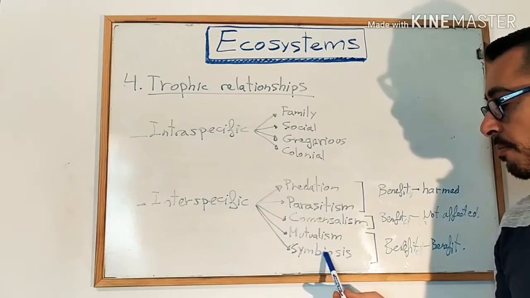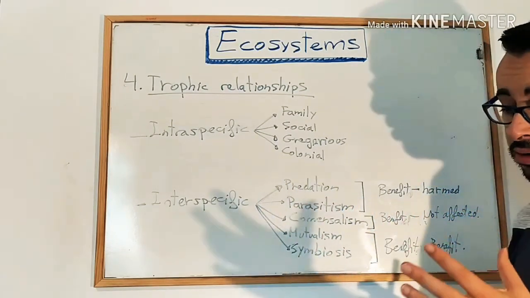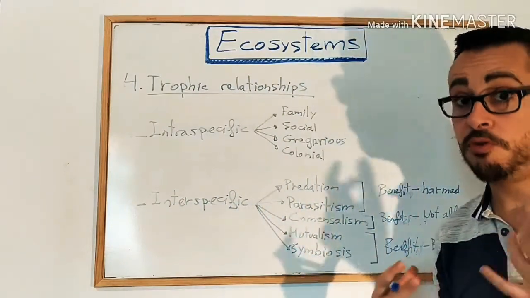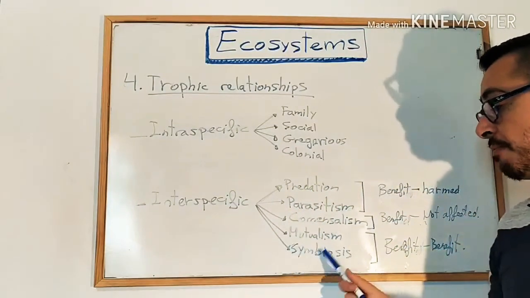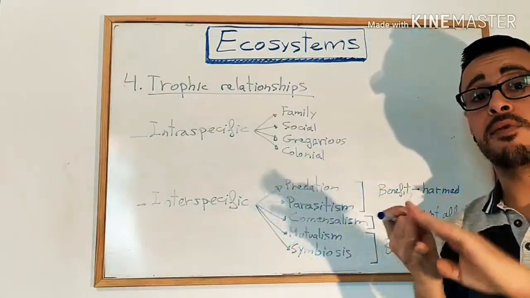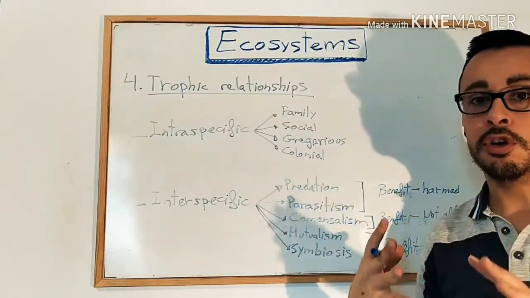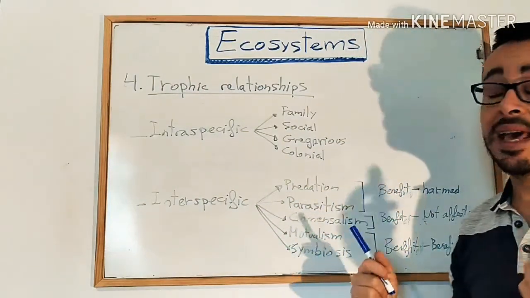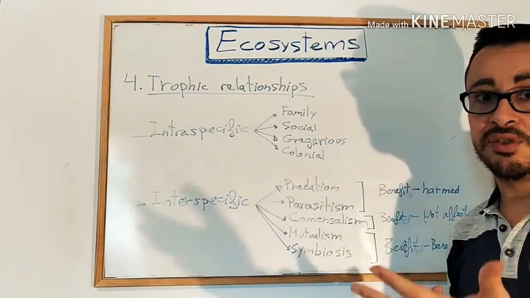But in the case of symbiosis, they cannot live without each other. For example, lichens. Do you remember lichens when we learned about them? Lichen is a symbiotic association of an alga and a fungus. The fungus protects the alga from drought, from getting dry, and the alga gives the fungus nutrients.